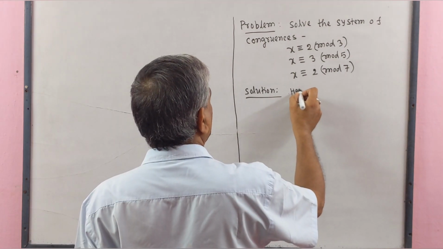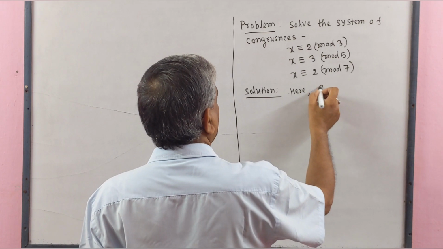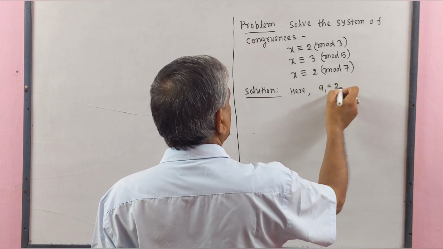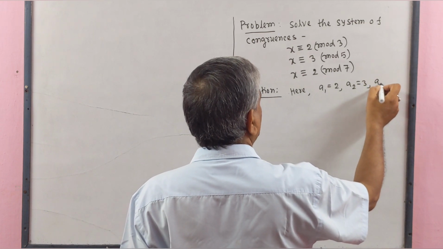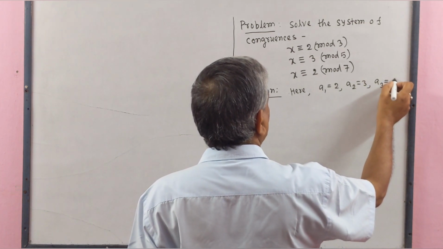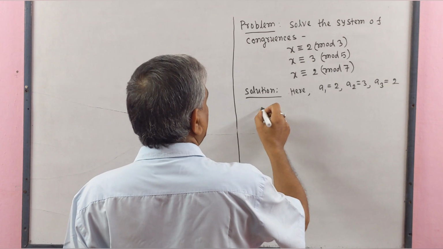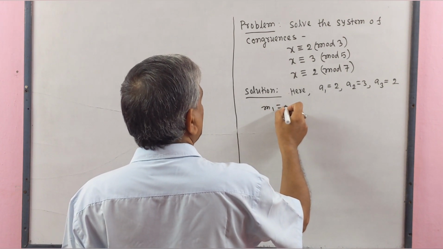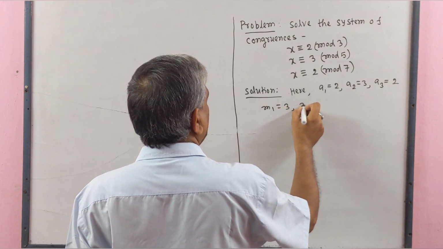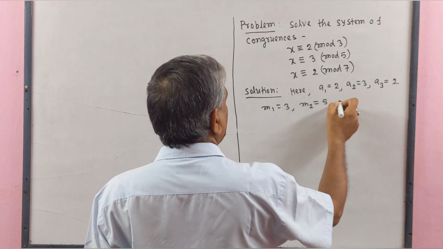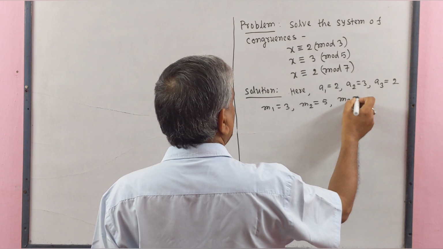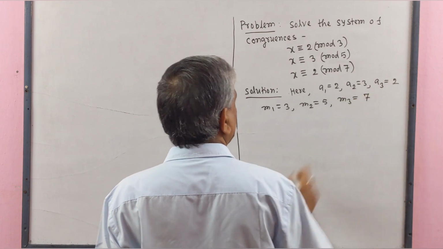Here a1 equal to 2, a2 equal to 3, a3 equal to 2, m1 equal to 3, m2 equal to 5, m3 equal to 7.